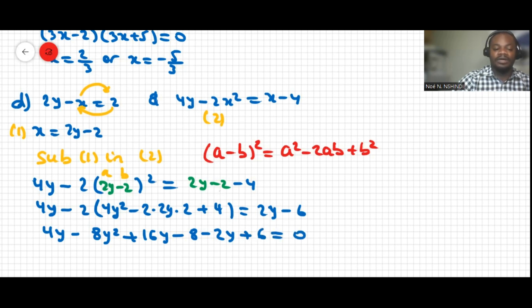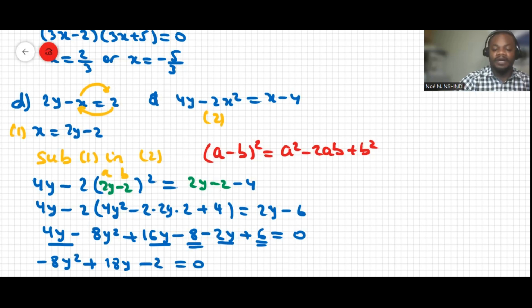Now, the like terms will be negative 8y squared, 4y, 16y, and negative 2y makes positive 18y, and then negative 8 and positive 6 makes negative 2 equals 0.